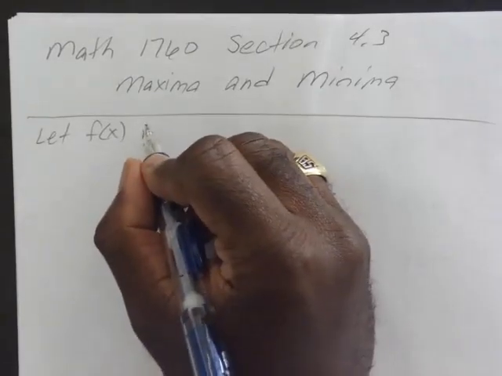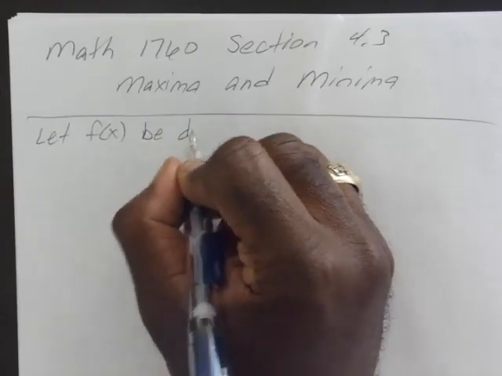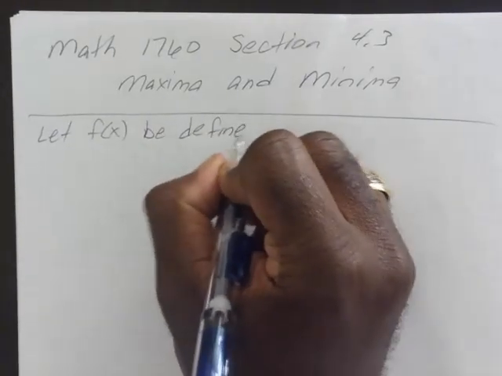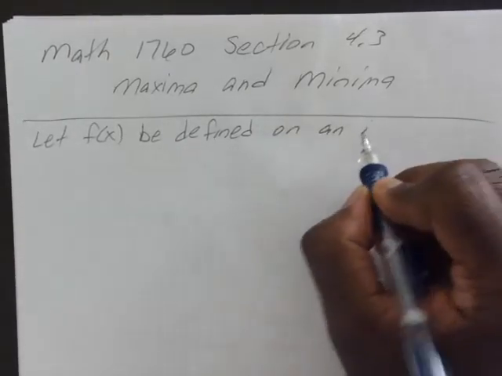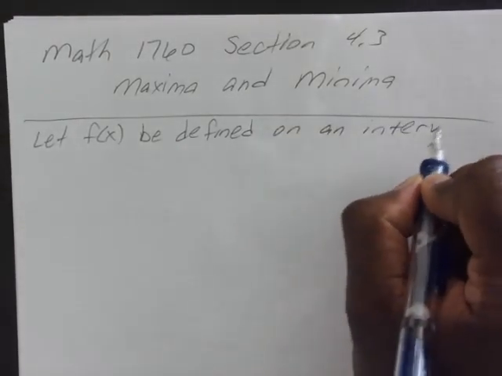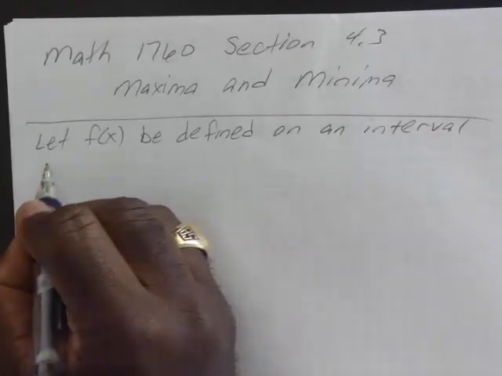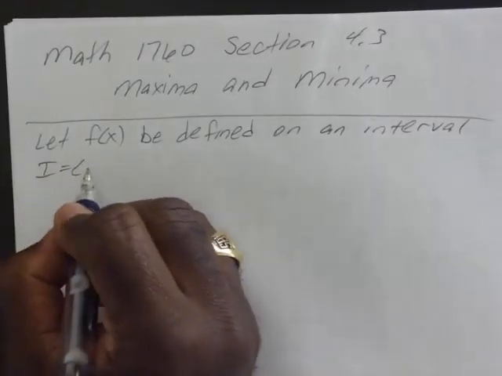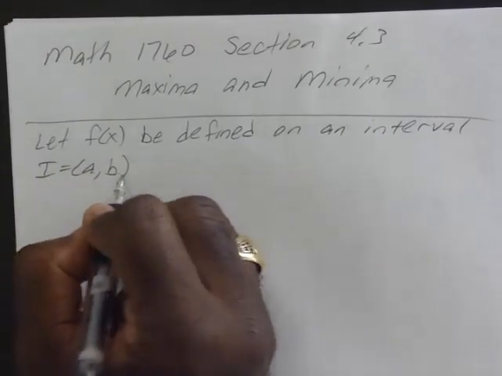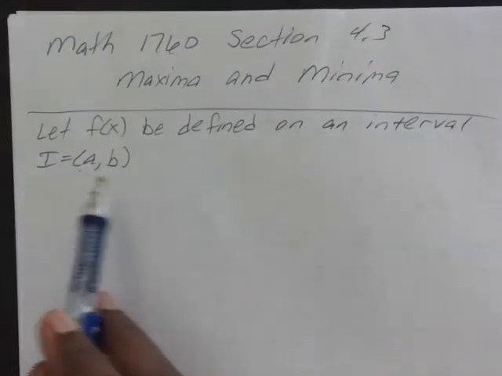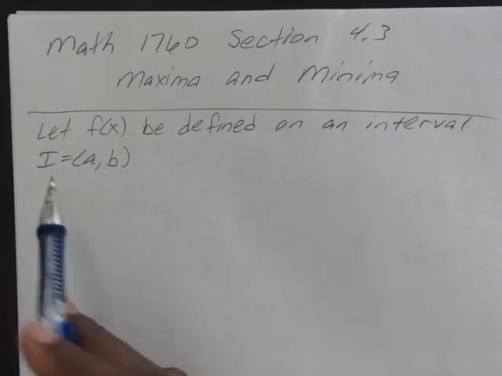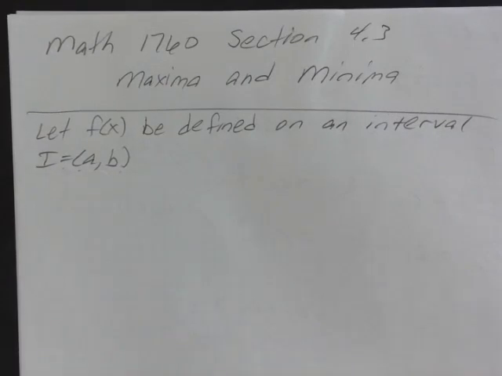So let f of x be defined on an interval I, which is just from x equals a to x equals b. Sometimes you'll see it written from x equals a to x equals b, sometimes you'll see the interval I. Same thing, just different notation.